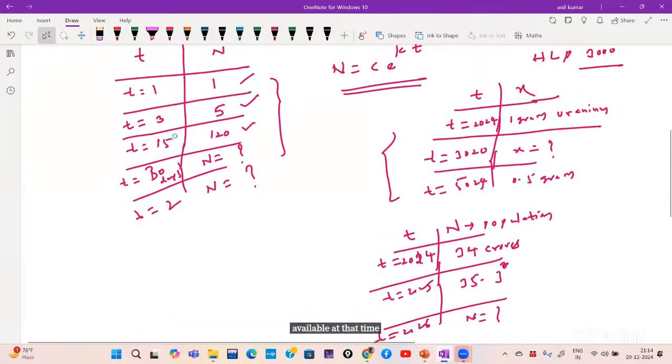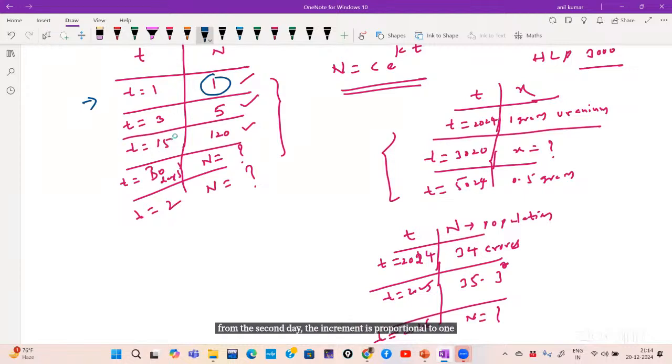See here, in the beginning, we have one case. From the second day, the increment is proportional to 1. After 3 days, the number of corona cases increased to 5. But later from the 4th day onwards, the increment is proportional to 5.